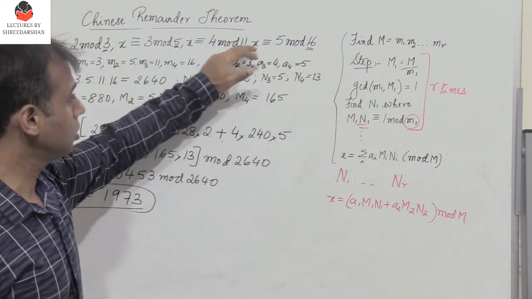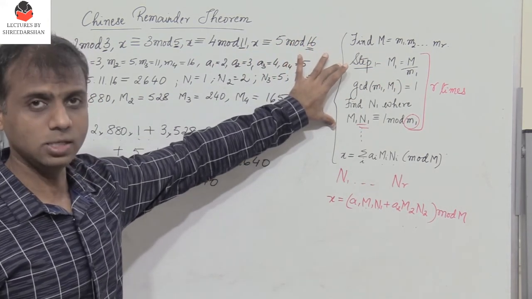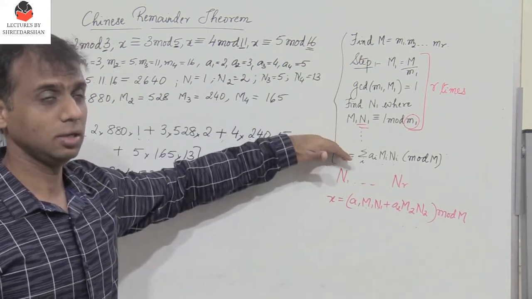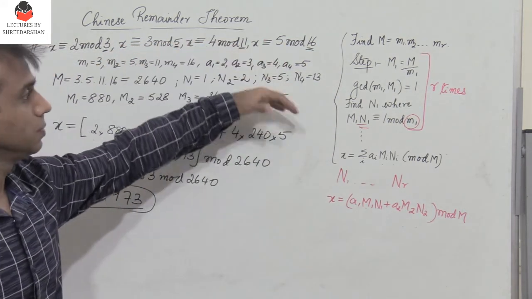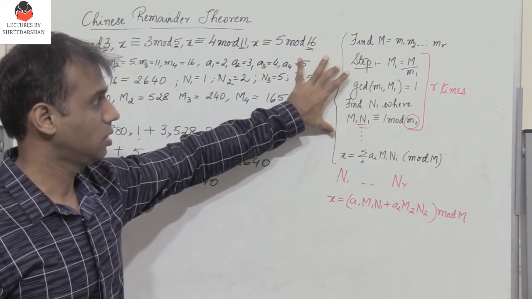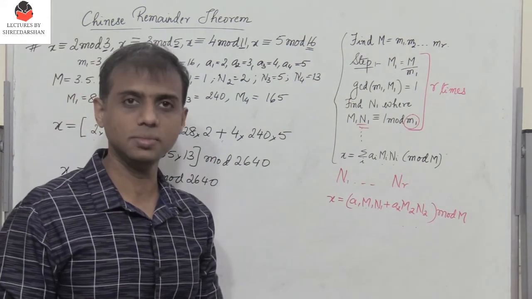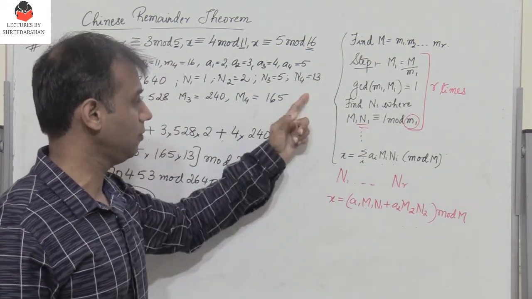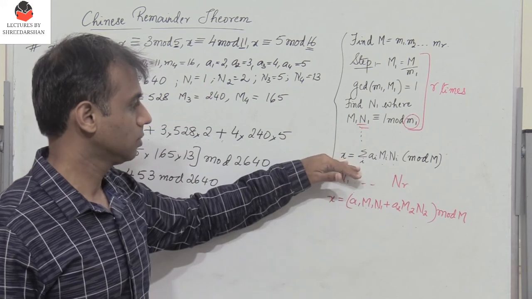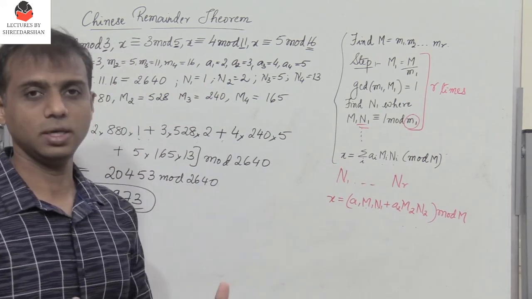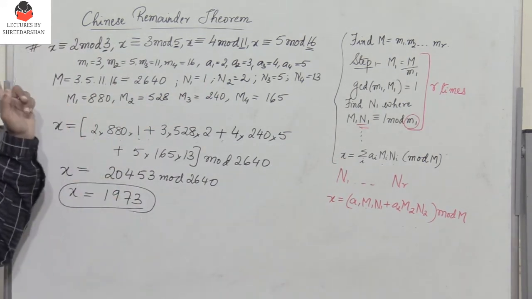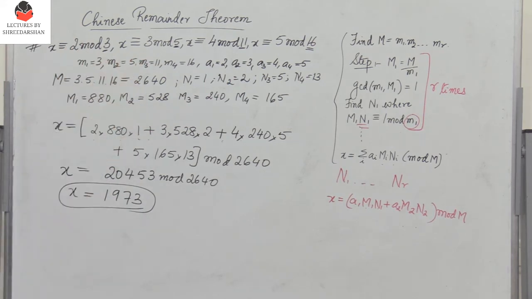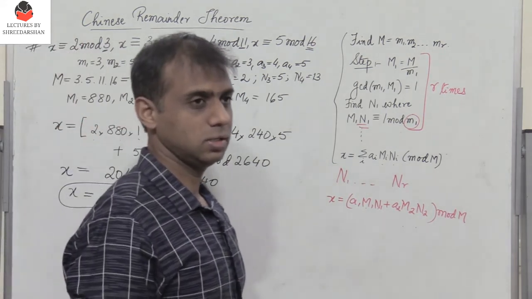If you have 2 congruence relations, this step is repeated twice. If you have 3, you repeat it thrice. Here we had 4 equations, so this procedure was repeated 4 times, and finally we calculated the n values, and then using this expression for x, we find the value which satisfies all the given congruence relations. A very easy and a very simple method.